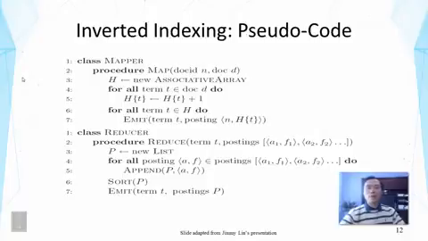In the case of map, it's going to count the occurrences of a word using an associative array, and it will output all the counts together with the document ID. Right, so this is the reduce function. On the other hand, it simply concatenates all the input that it has been given, and then puts them together as one single entry for this key.